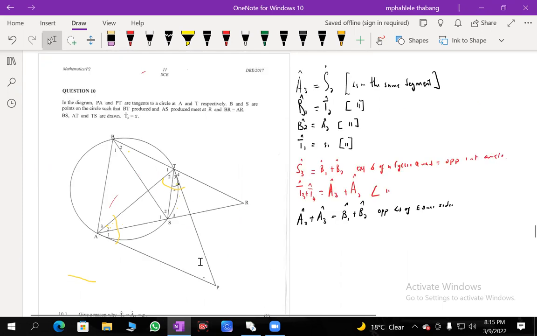What else did we miss? Okay, give me a reason. Why is AP equal to AT? I mean TP. Why is AP equal to TP?